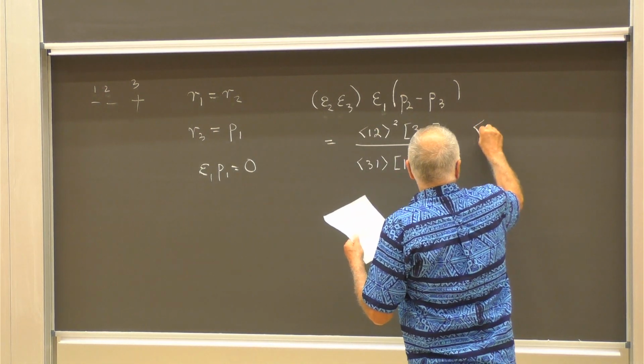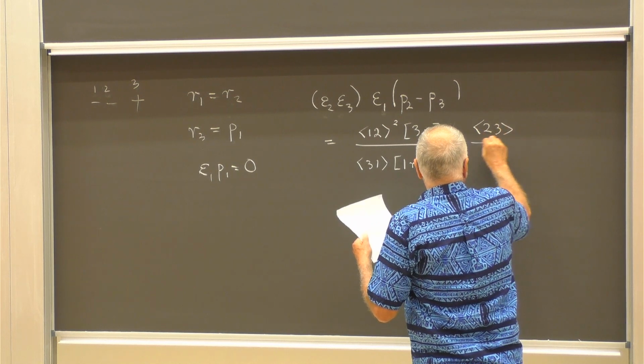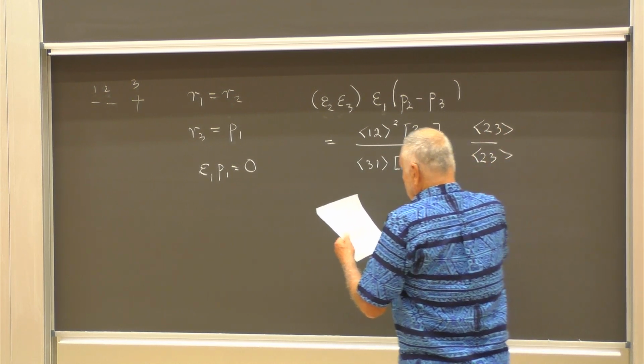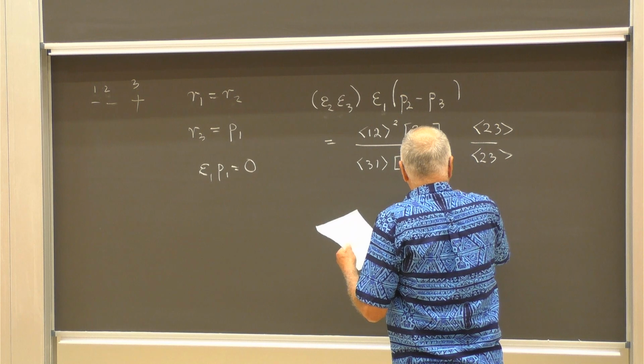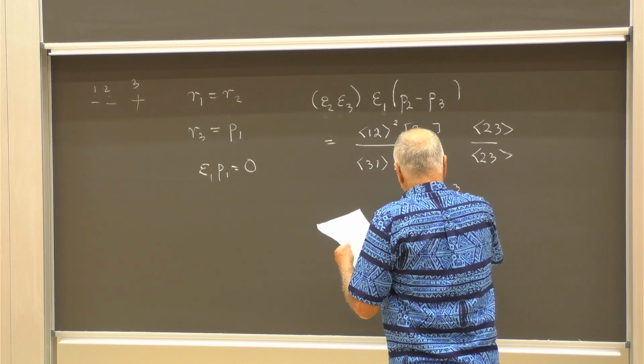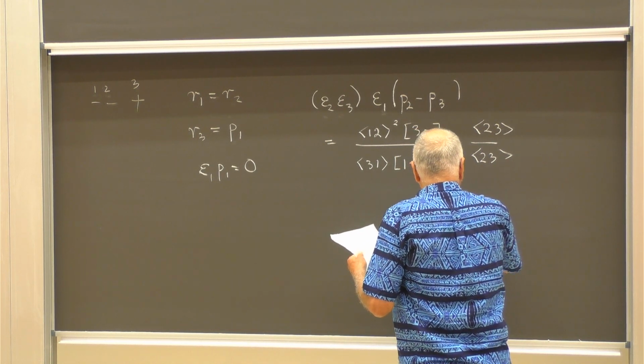Then multiplying simply by that, you will get indeed that it is angle 12 cubed divided by angle 23 angle 31.